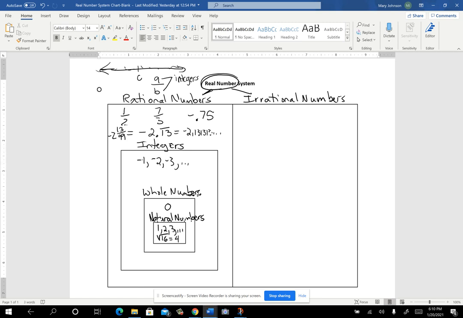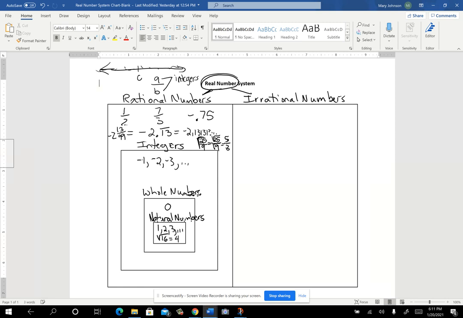Let me put one more. Sometimes you can have things like square root of 25 over 9, which would really be 5/3. Square root of 25 is 5, square root of 9 is 3. So it would belong in this region as well.